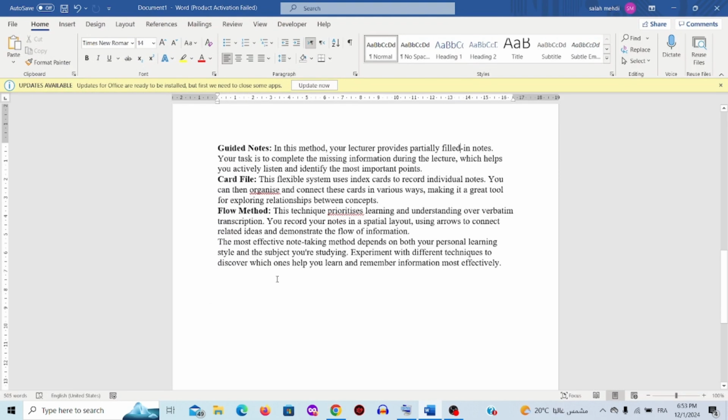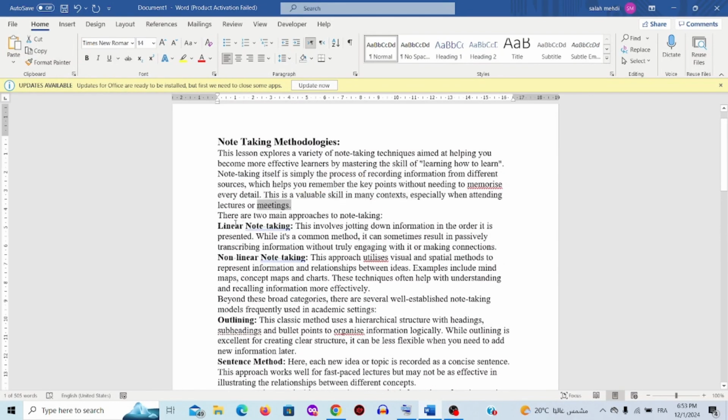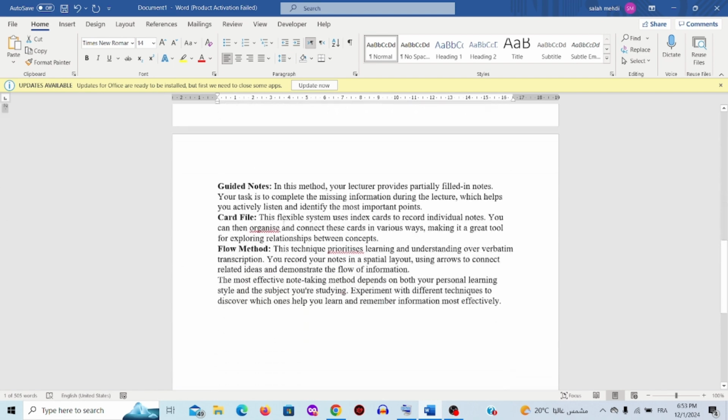And also we have the flow method. This technique prioritizes learning and understanding over verbatim transcription. So you are not going to transcribe everything. As we said, linear note taking is that you are going to transcribe and write everything you hear.